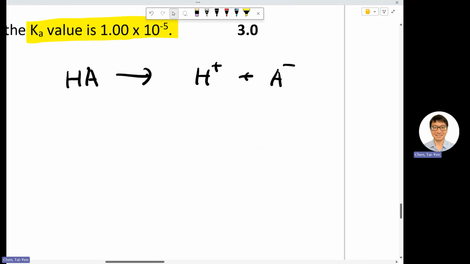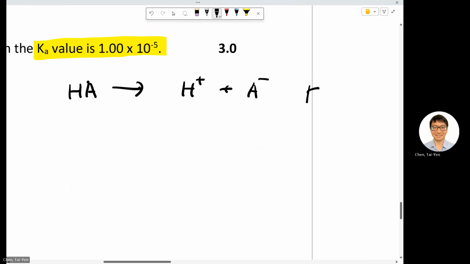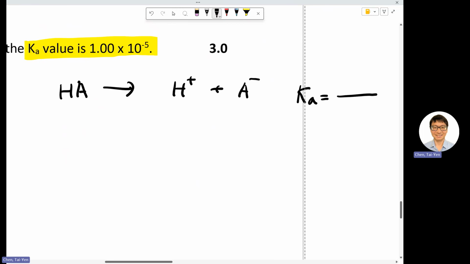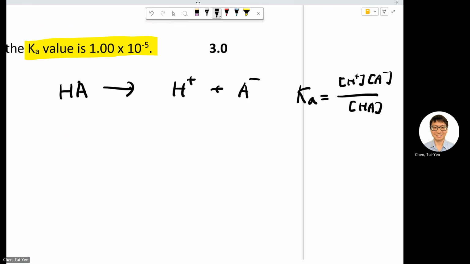How do you write the Ka? The K is the equilibrium constant, which is what you learned in chapter 12. So the Ka should be expressed as the proton concentration times your conjugate base concentration over the acid concentration at equilibrium, right?